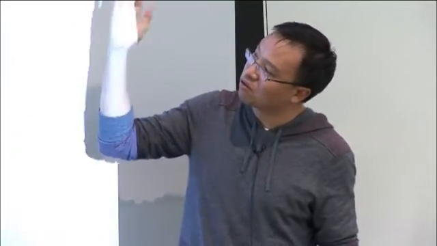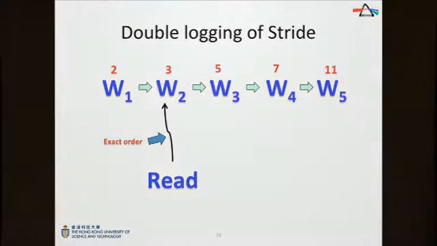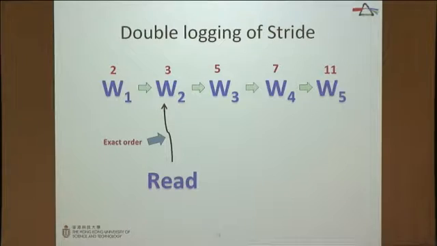Suppose that we have different instances of writes on the same variable. In my example, the series of writes produce a series of prime numbers on a particular variable. And in a recorded execution, the read actually reads the second write, which is the value 3.